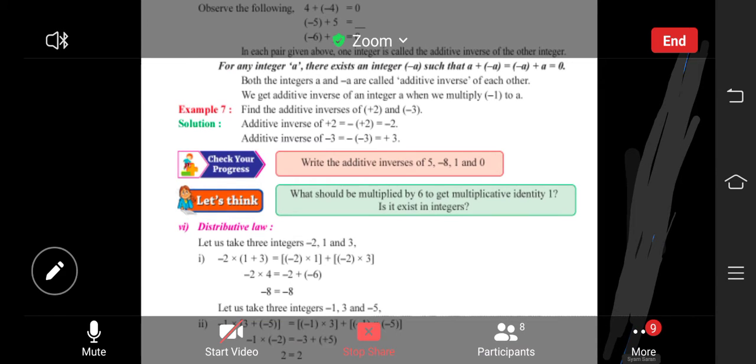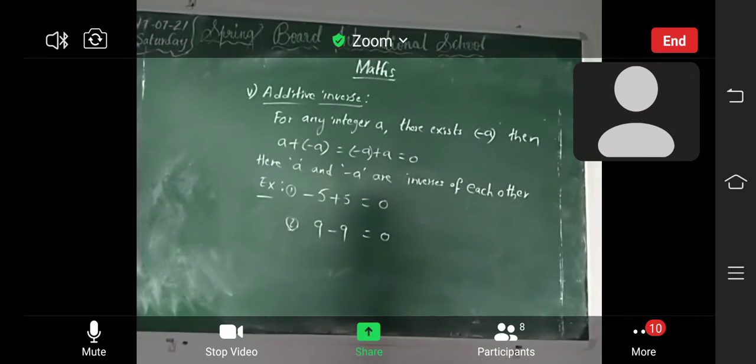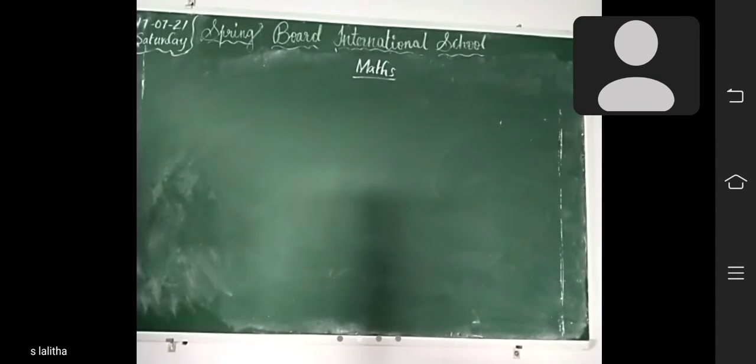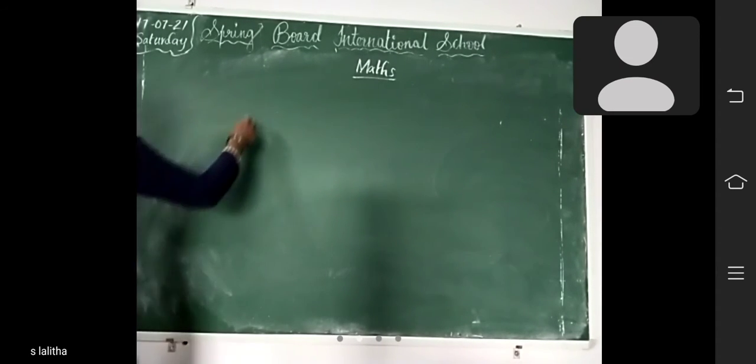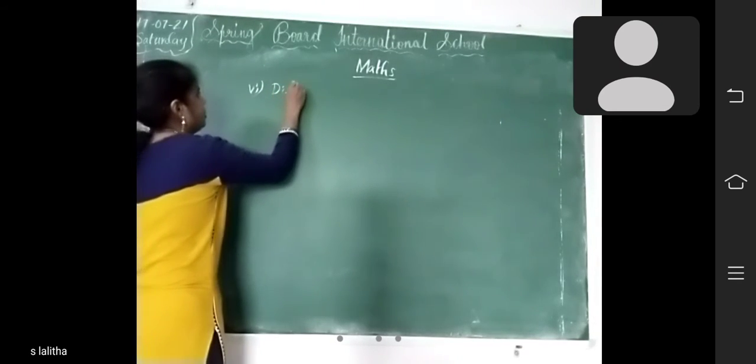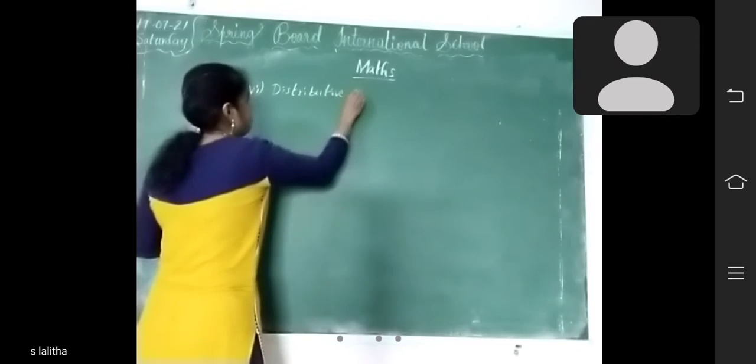Now I am writing the distributive law on the board. Next property is the distributive property.